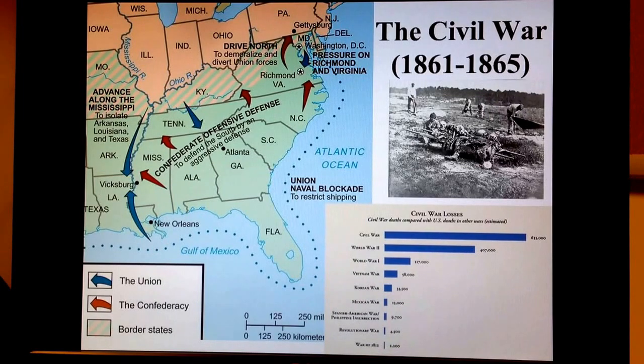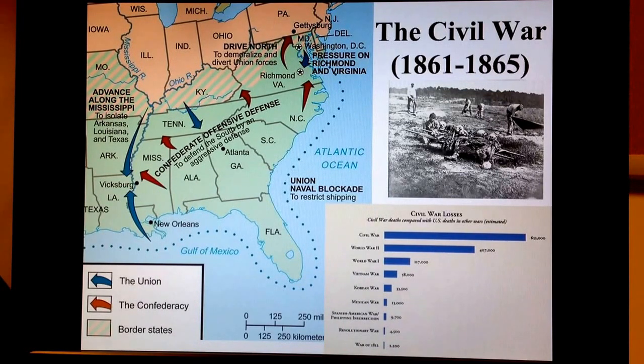And almost 200,000 black men fought for the United States against the southern states that had tried to break the U.S. into two countries. And by 1865, at tremendous financial and human cost, the North had won.